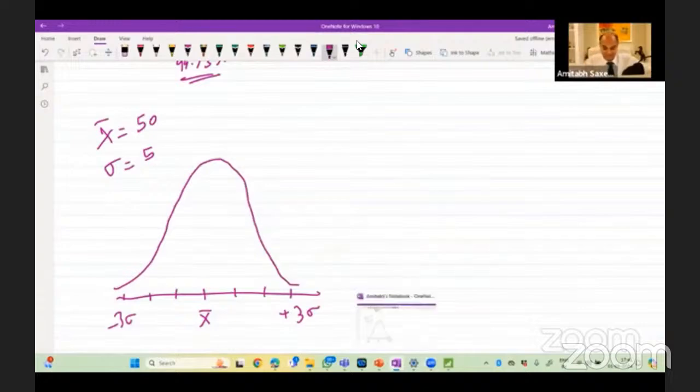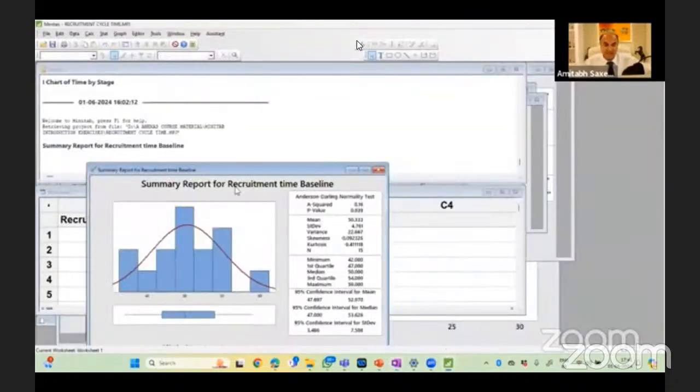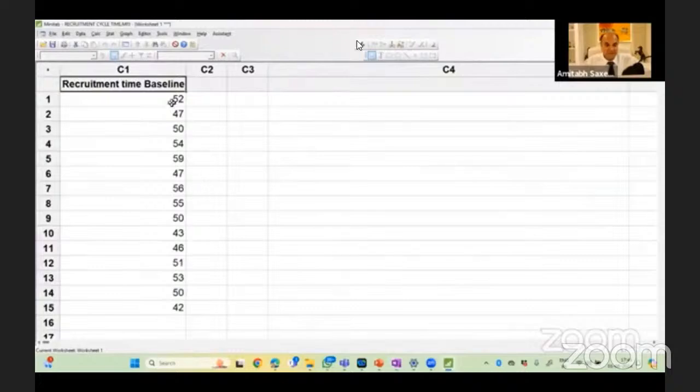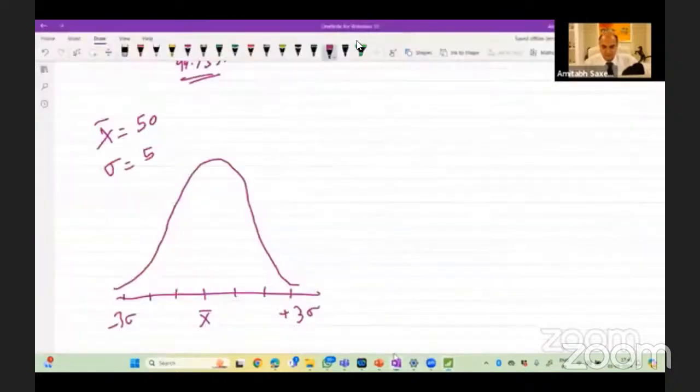Let us look at this. These were the samples, 52, 47, 50. These were the recruitments. But when we did the average and standard deviation, it will tell me. So let us try to guess those values.